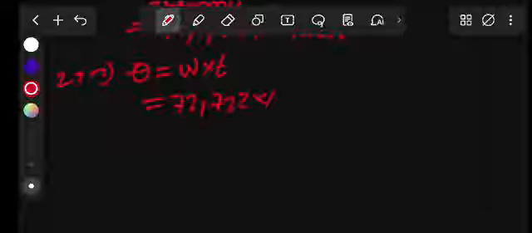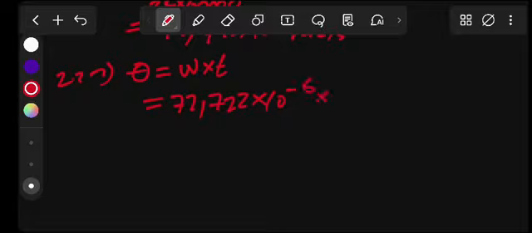72,722 times 10 to the power of minus 6, multiplied by the time, which is 24. No, not 24.